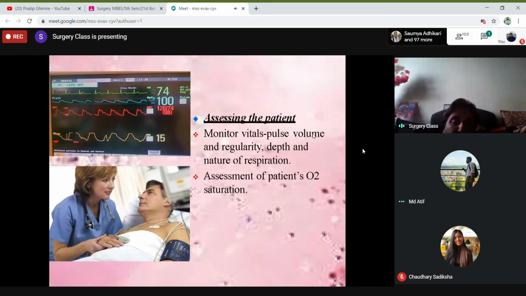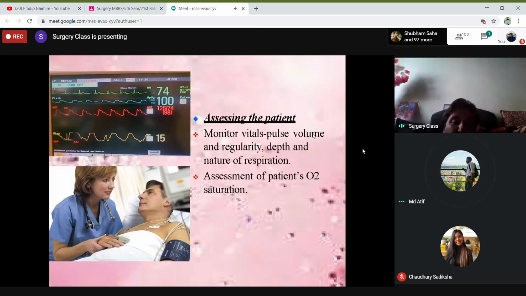Somebody has unmuted this, please keep on mute. Okay, the 74 is the heart rate. The SpO2, the saturation, is 100%. You can see that the blood pressure is 120 by 74, and the respiratory rate is 15.